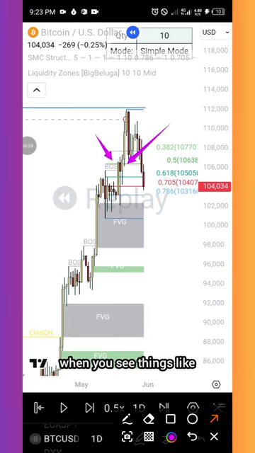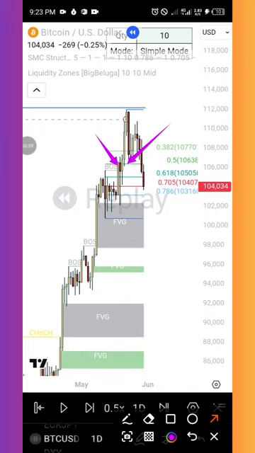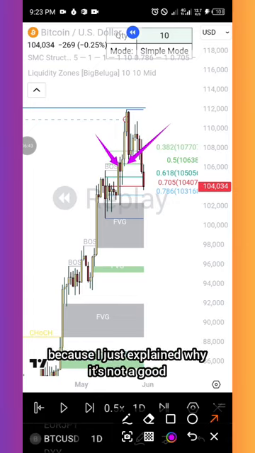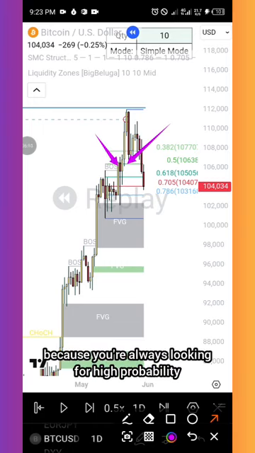When you see things like a green candle and a red candle, opposite candle, and another pink candle, that's an order block. So this zone is actually not a good zone because I just explained why it's not a very authentic or high probability zone, because you should be looking for high probability zones.